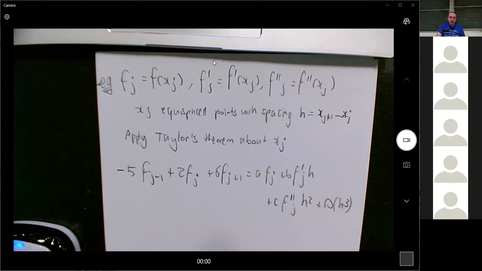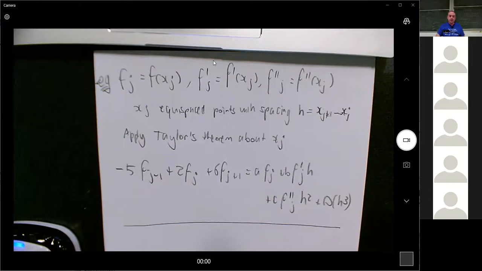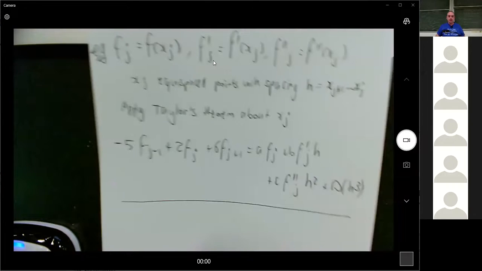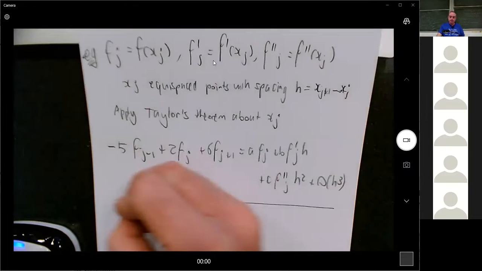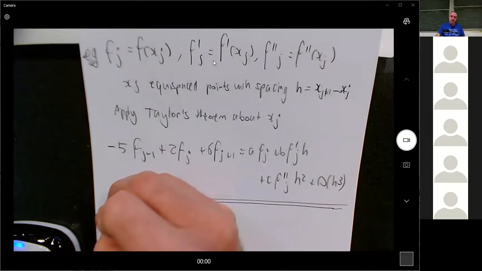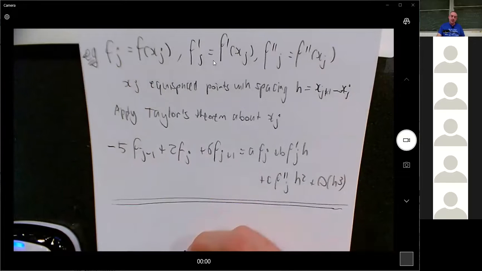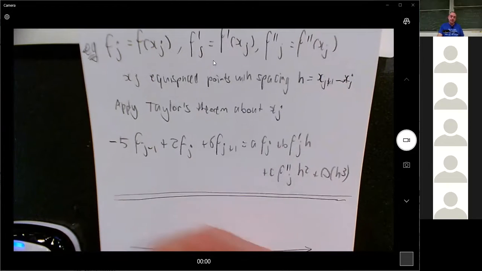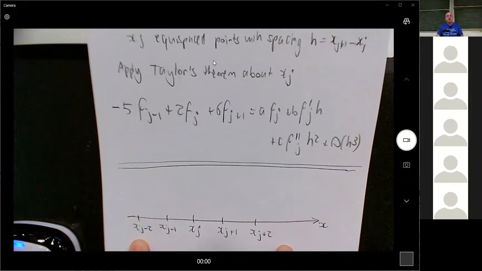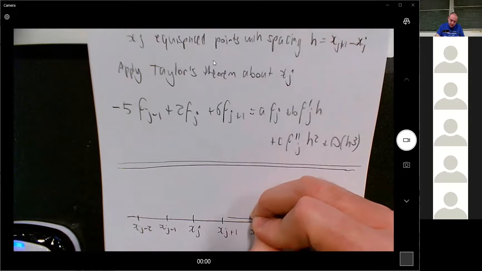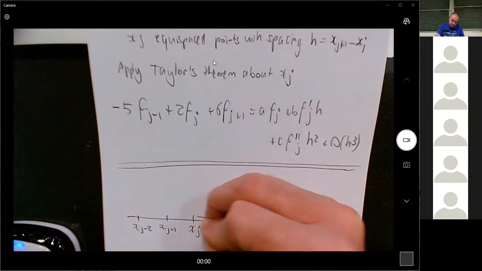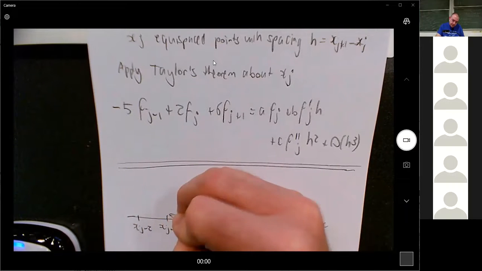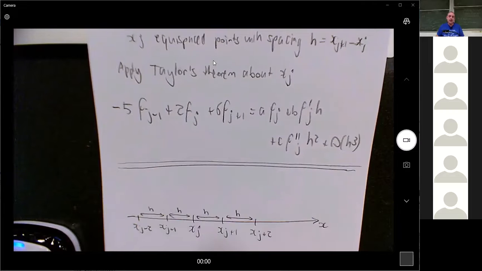So before I do this problem, I'm going to imagine what's going on here. Here is an x-axis, and I have xj and xj plus 1 and xj plus 2 and xj minus 1. These are different points on the x-axis, and we've been told they're h apart. Like that.